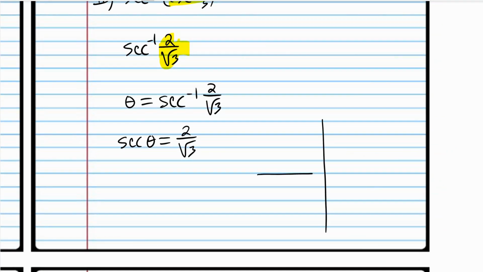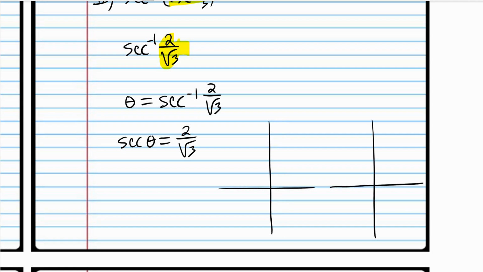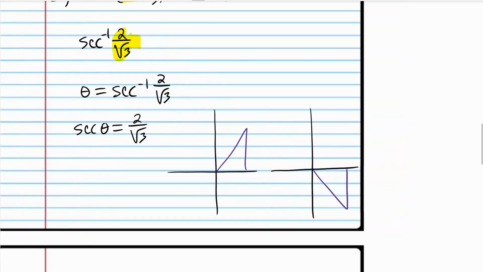So let's draw a triangle. Secant is positive, so our triangles are going to be in the first and fourth quadrants.